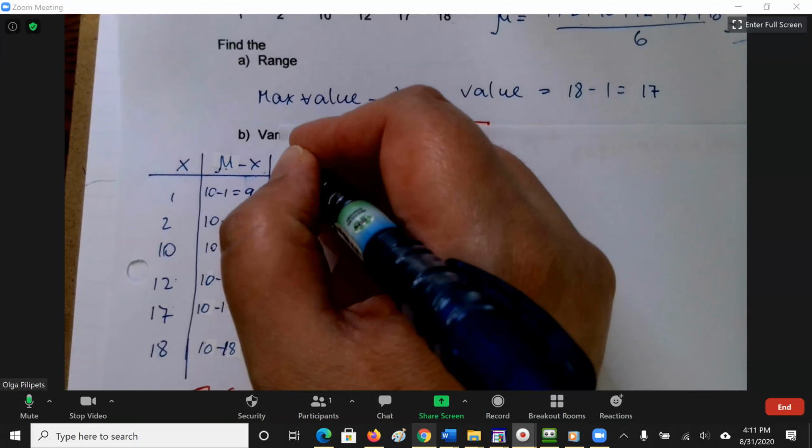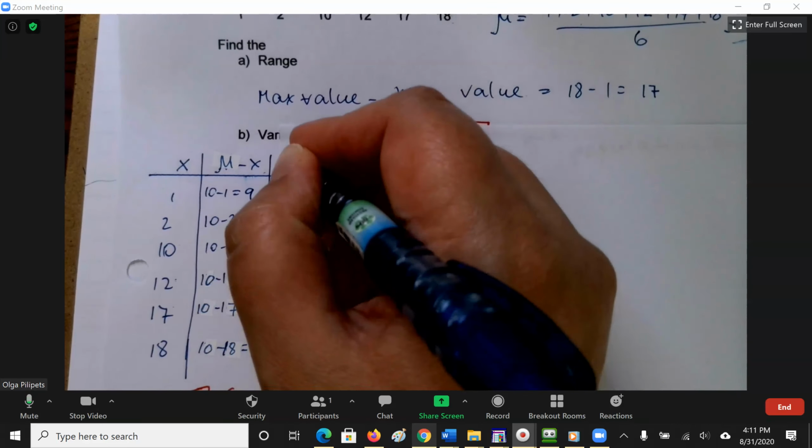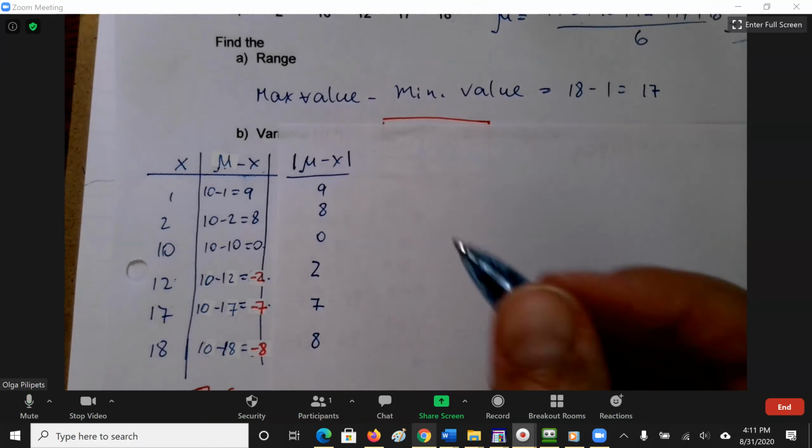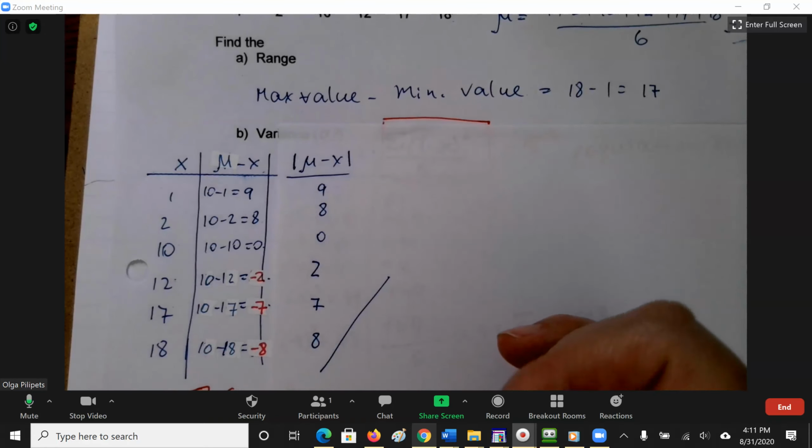So if we look at the absolute value of mean minus x, we would get 9, 8, 0, positive 2, positive 7, positive 8. Now, if we were to average these positive numbers out, the total is 17, 19, 26, and 34.